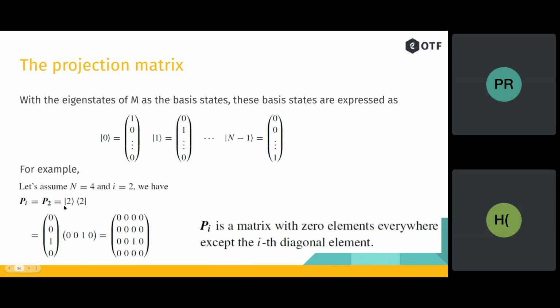P2 is equal to ket 2 bra 2. Ket 2 is the column matrix 0, 0, 1, 0, and bra 2 is just the row version of it, so it will be 0, 0, 1, 0.